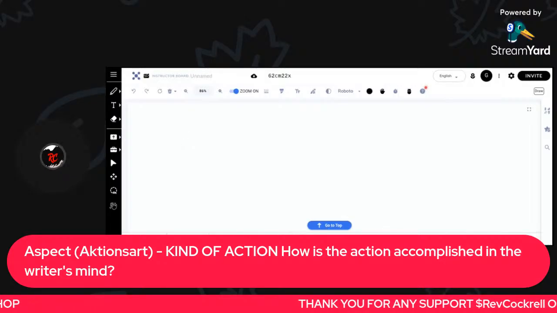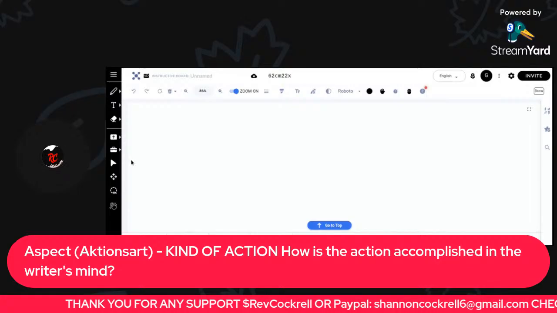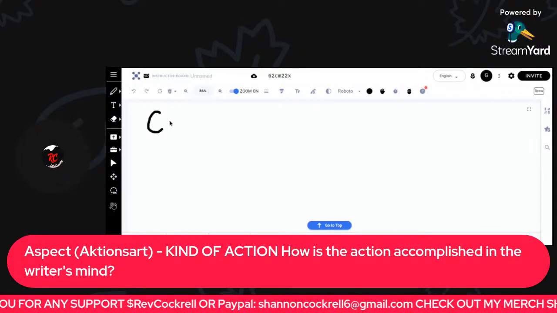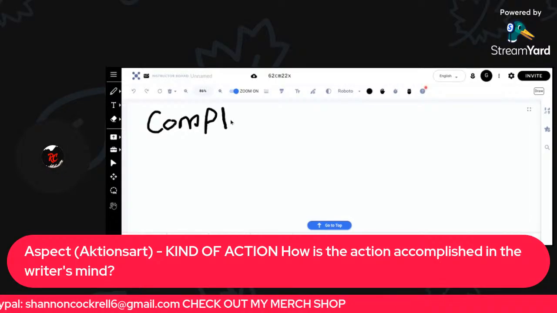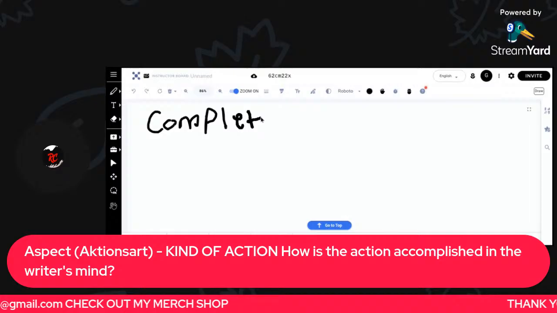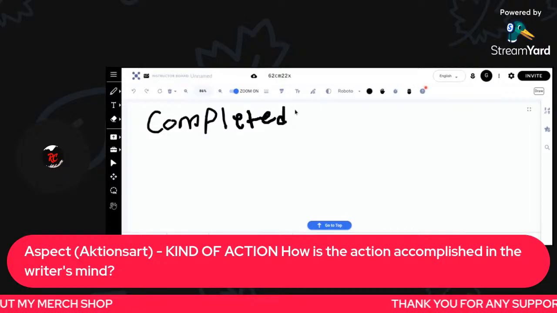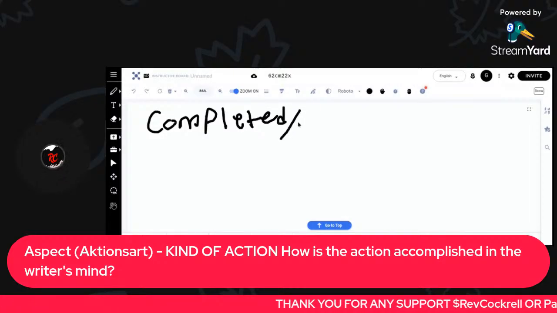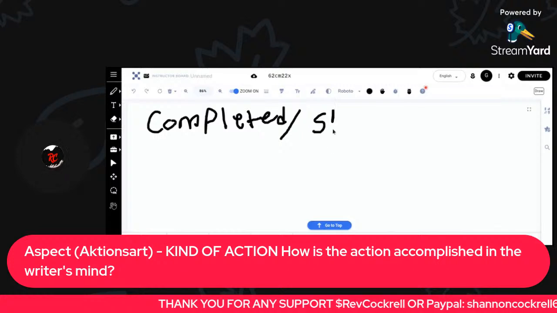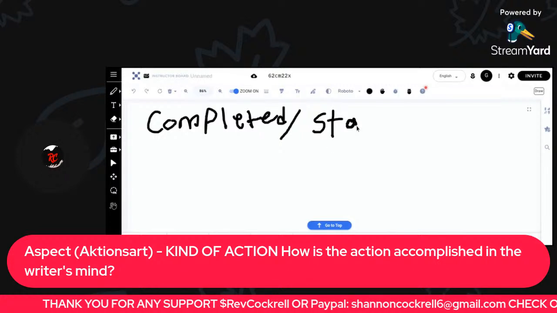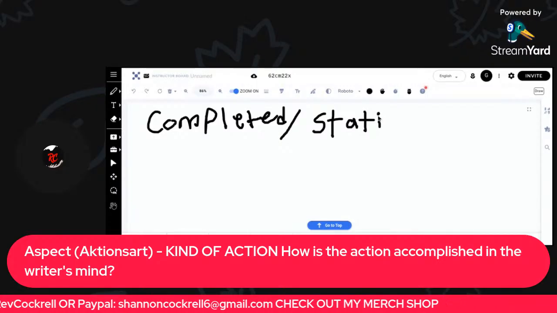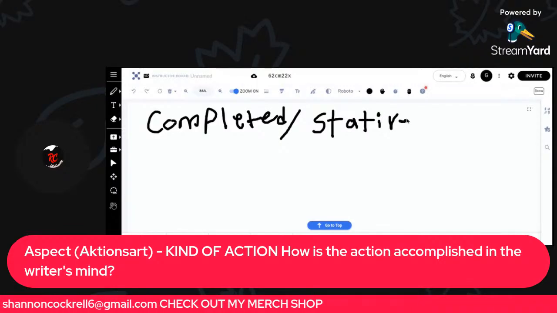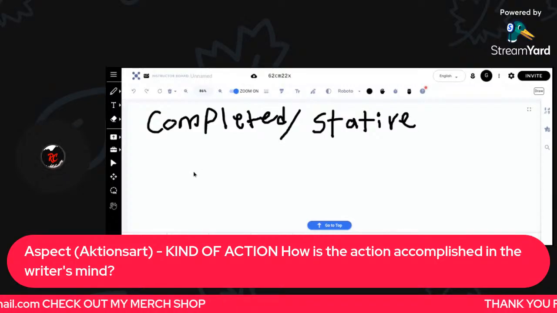And then we have the completed aspect. Completed action. Completed or stative. Completive or stative.